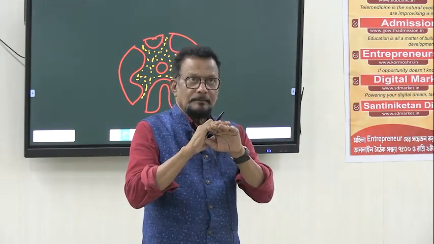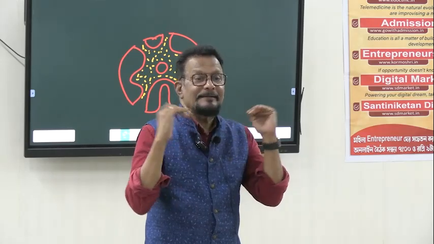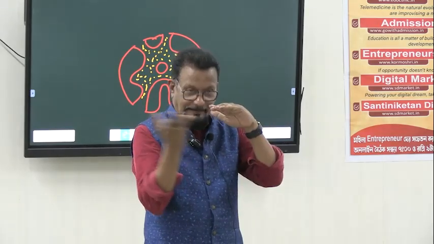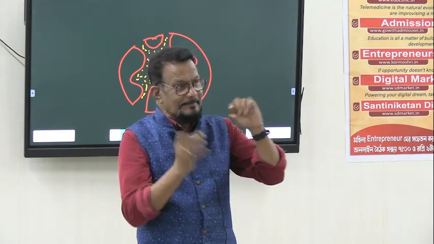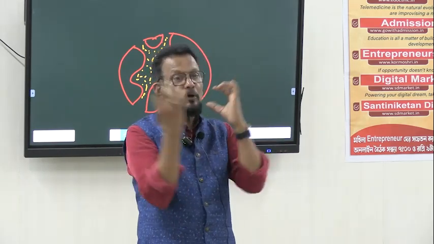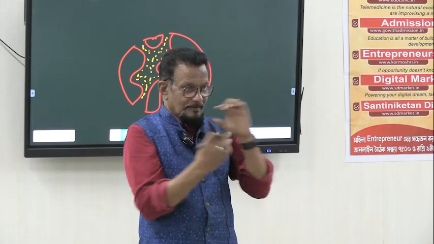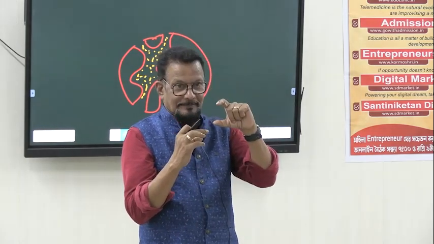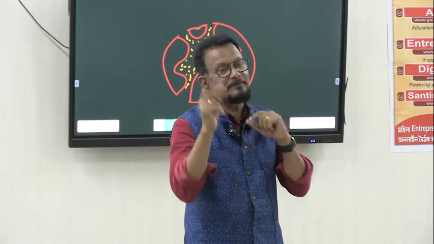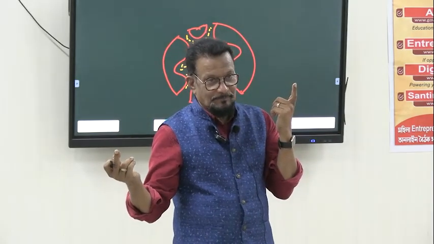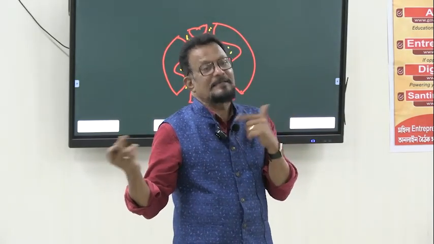Actually, you won't find any demarcation in the spinal cord itself. We demarcate it according to the vertebral column. Suppose C7: the area of spinal cord that remains within C7 is also called C7 spinal cord.